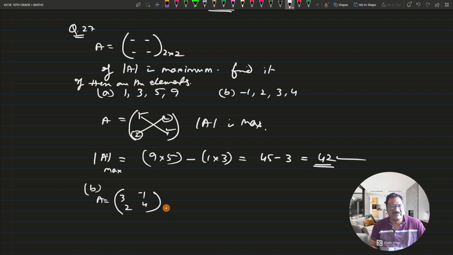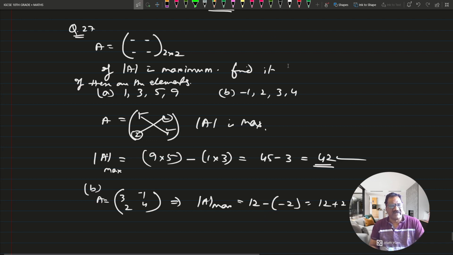Now this will imply that the determinant of A maximum will be equal to 4 3s are 12 minus minus 2, that is 12 plus 2, which is equal to 14. So for B, the answer should be 14. Okay, so that was question number 27.